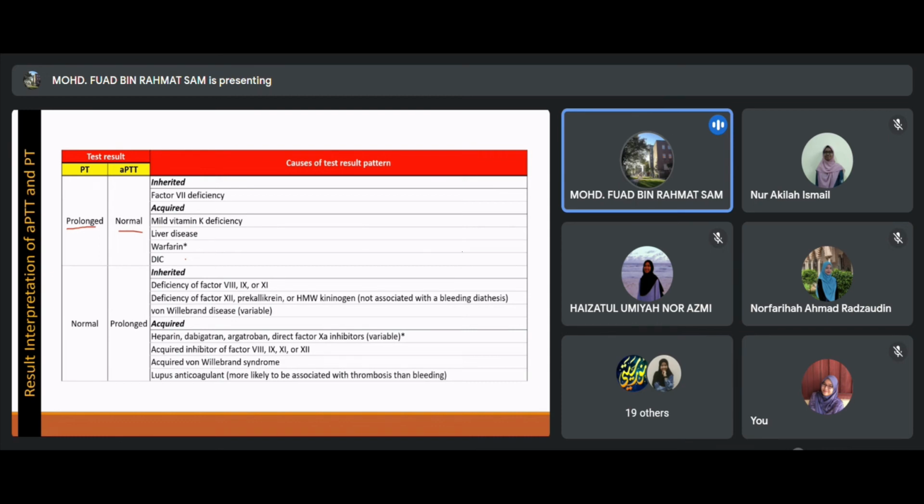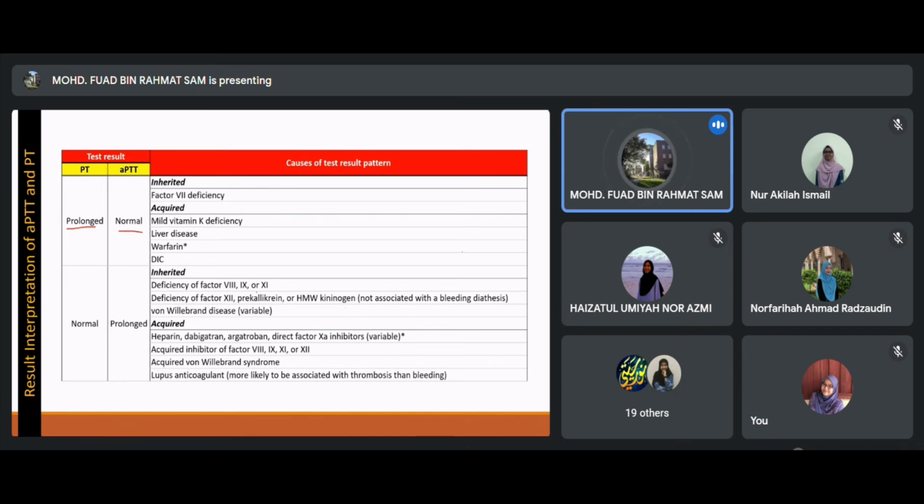Is a condition in which the blood clots from throughout the body, blocking a small blood vessel, small blood vessels. So mungkin the patient ada liver disease, the warfarin, multivitamin or factor 7 deficiency, and also the DIC.